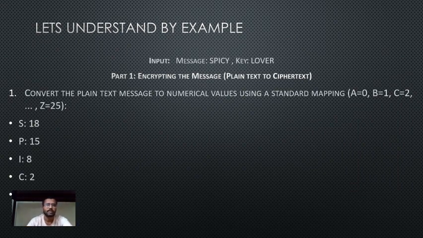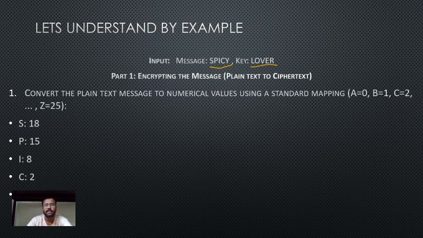Here we can understand with a simple example. I have considered the message as SPICY and the key as LOVER. The message is a 5-letter word and the key is a 5-letter word. Both the message and key are equal in length.